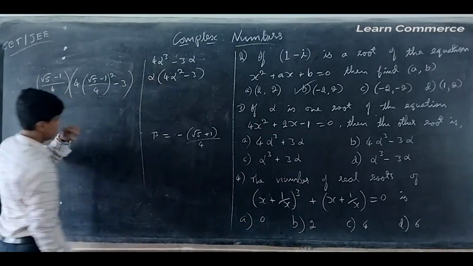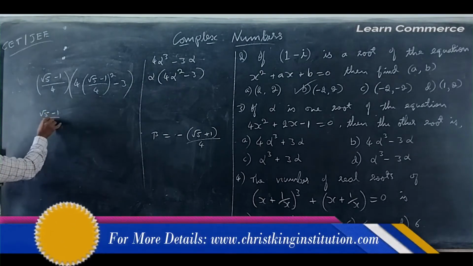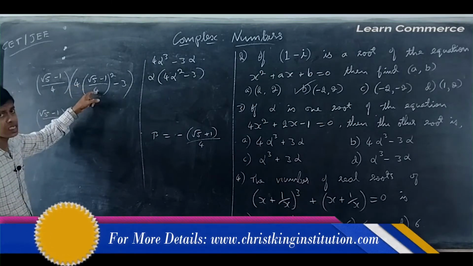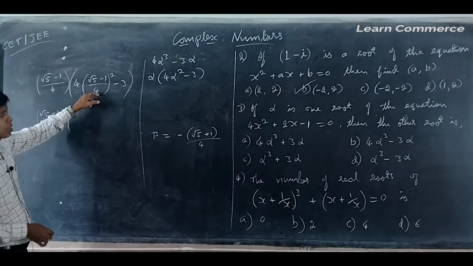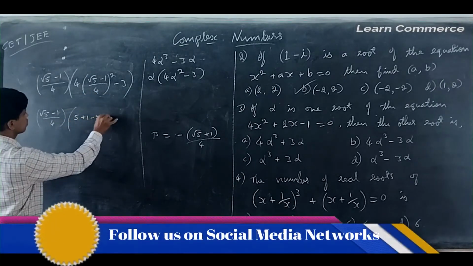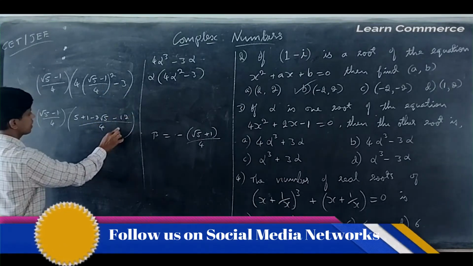Well, so now we'll skip some of the steps and then directly write. This is a 4 and this is 16. So what remains is 4 in the denominator, correct? So this is 5 plus 1 minus 2 root 5 and then minus 12 divided by 4 after taking LCM.